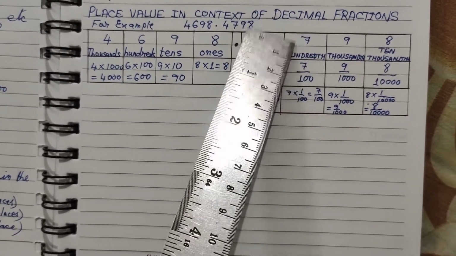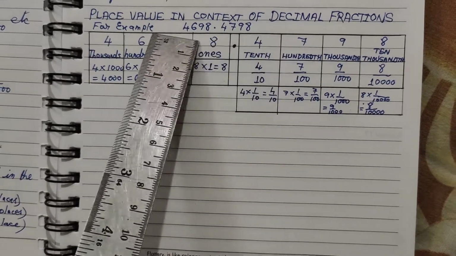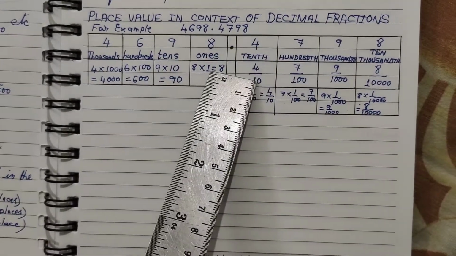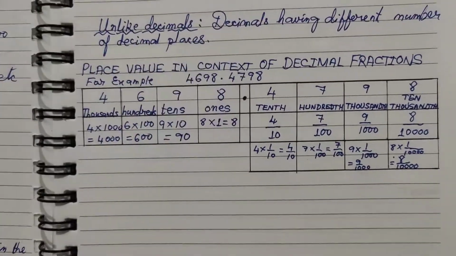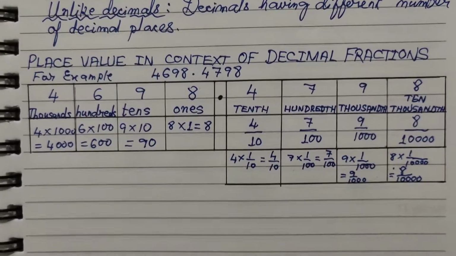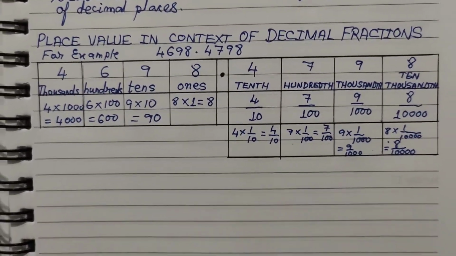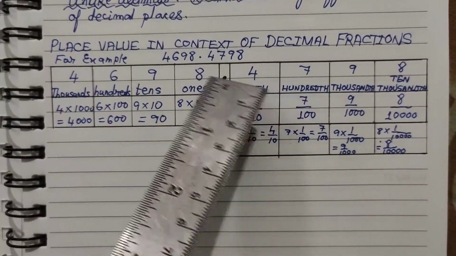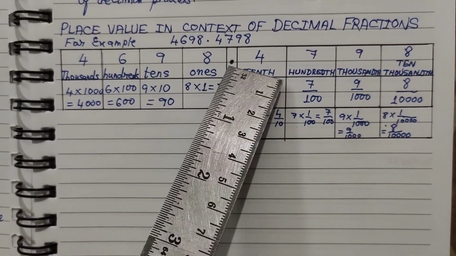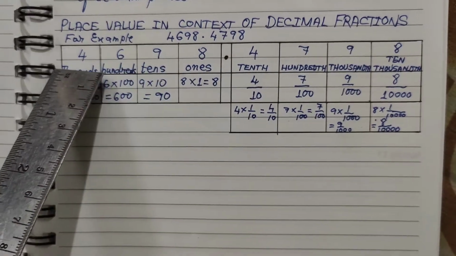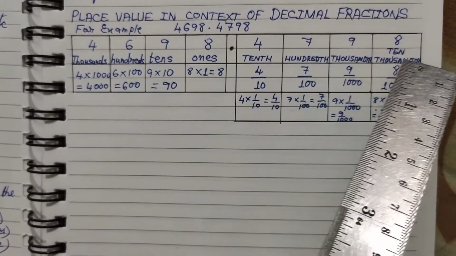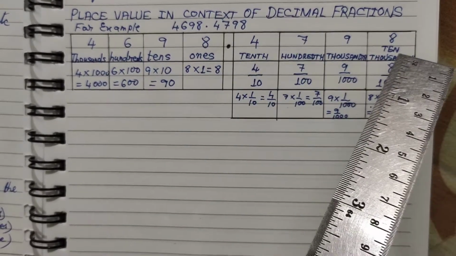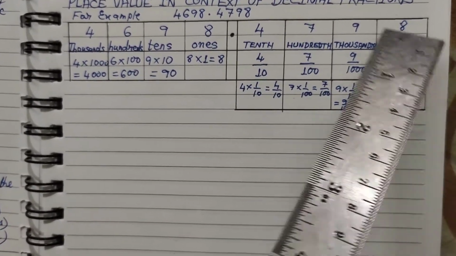And I am going to write the digits of this decimal number in this decimal place value chart. Let me zoom in. Now you can see over there, I have put the decimal point in the middle. On the left side of this decimal point, this part is called the whole number part. On the right side, this is called the fractional or decimal part.